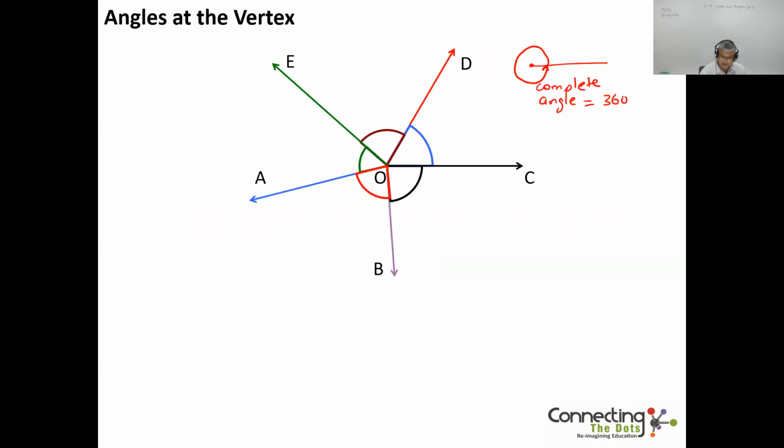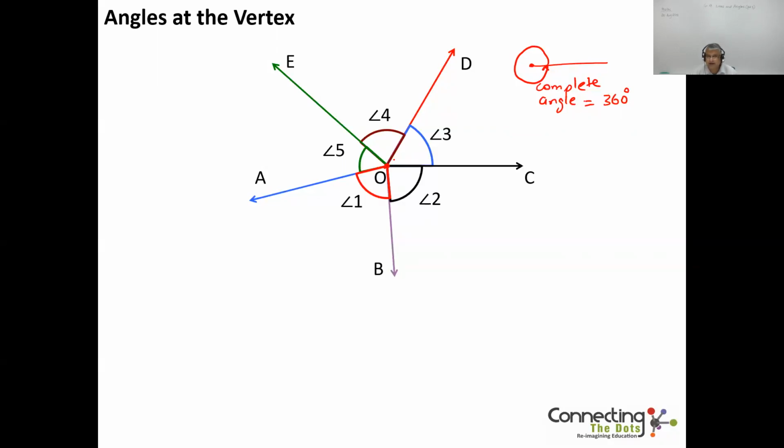So if I have now a situation like this, where there are 5 rays coming out from a single point of origin or a common vertex in different directions, there are 5 different angles: 1, 2, 3, 4, 5. So what will be the sum of all these 5 angles? Yeah, 360 degrees.